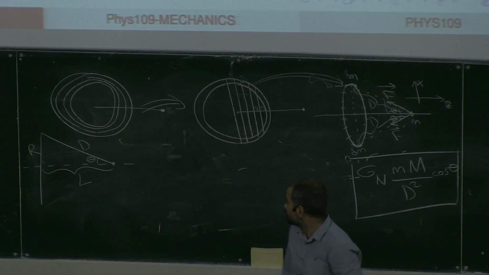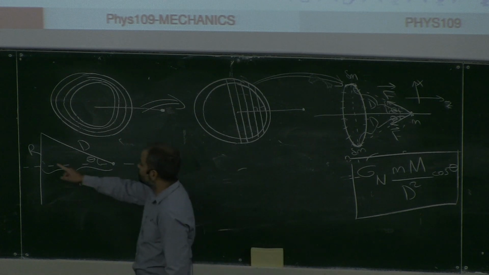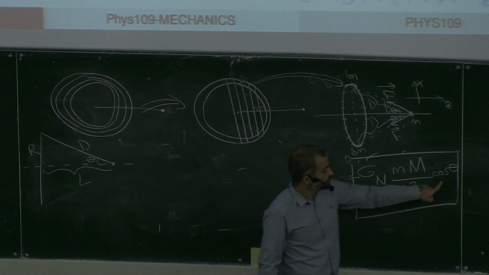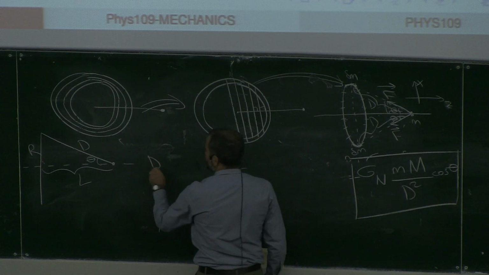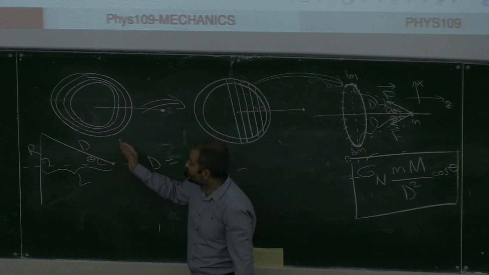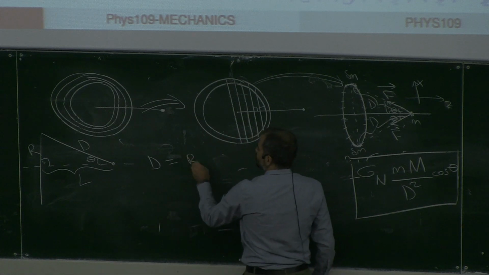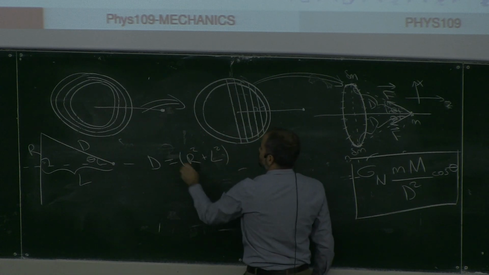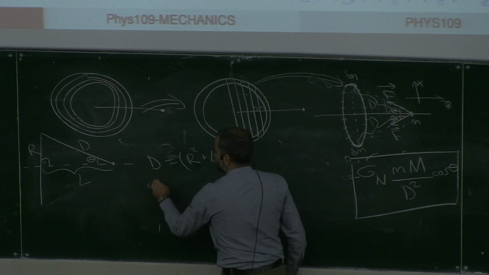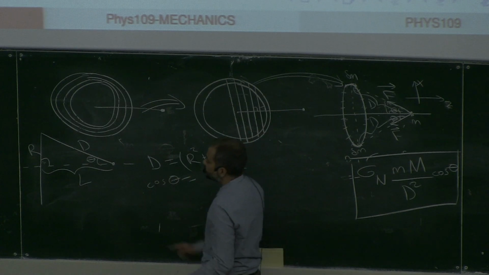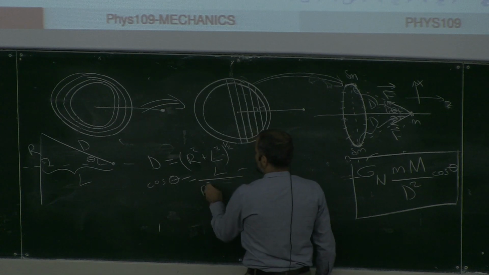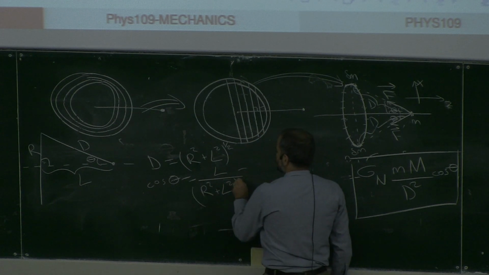Now I would like to express everything in terms of the radius of the ring and my distance from the plane of the ring. If you look here, well, let's start with d. This is a right triangle. Since it's a right triangle, I know that d is R squared plus L squared to the power 1/2. And cosine theta is equal to L over d, L over R squared plus L squared to the power 1/2.